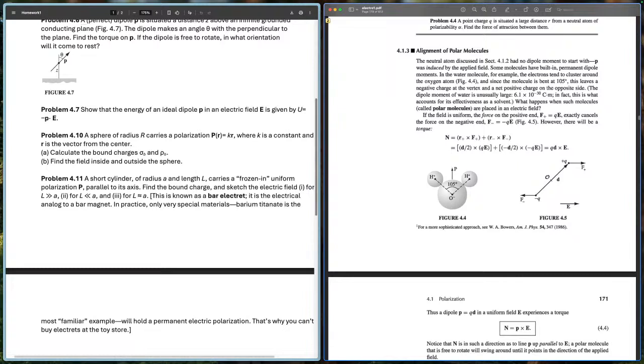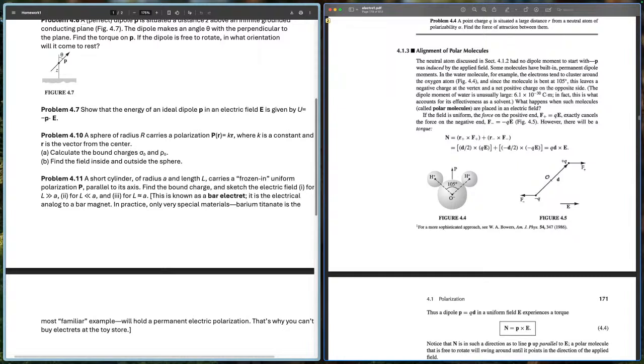So normally, for two point charges, this would be kq squared over distance.